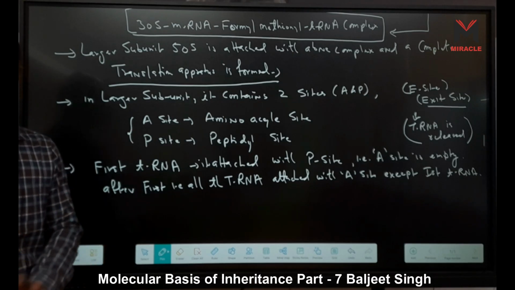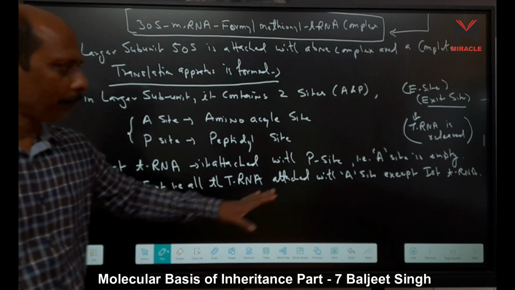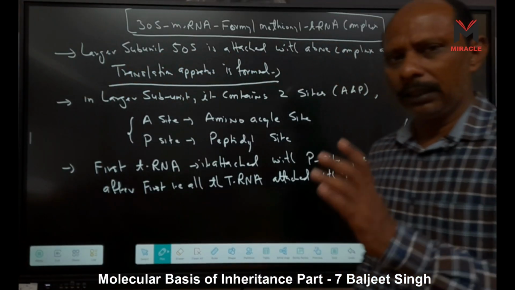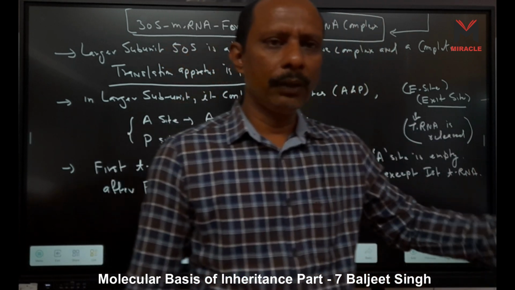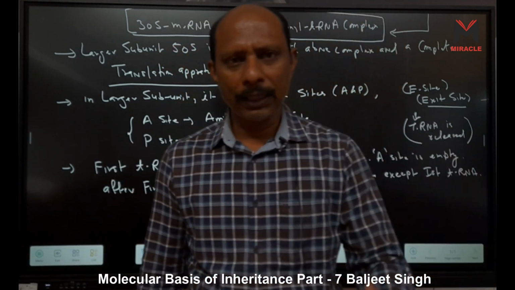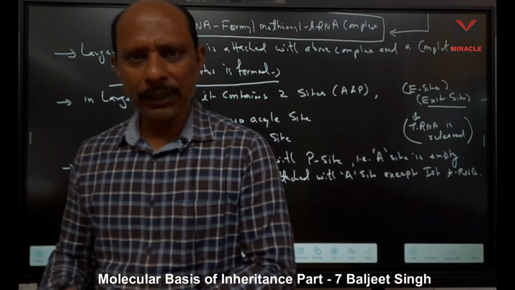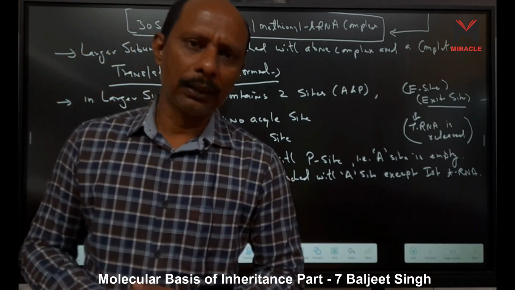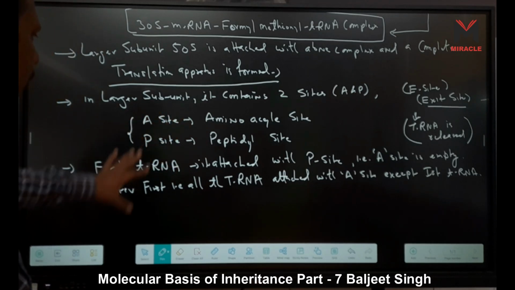The first one attaches with the P site because at that time the P site is empty. Now the second transfer RNA comes and attaches with the A site. The second, third, fourth, when they come, first attach with the A site, then transfer to the P site, and from the P site to the E site, and from the E site they exit from the larger subunit. So these sites are present in the larger subunit, right?